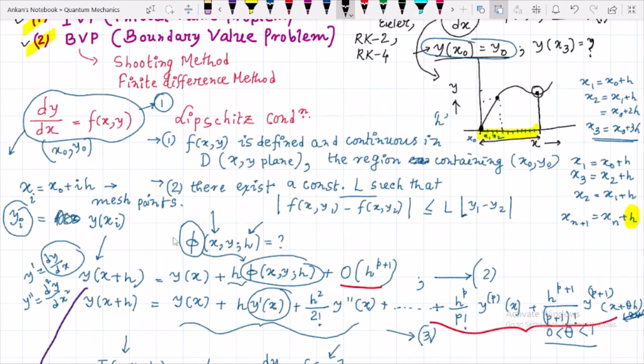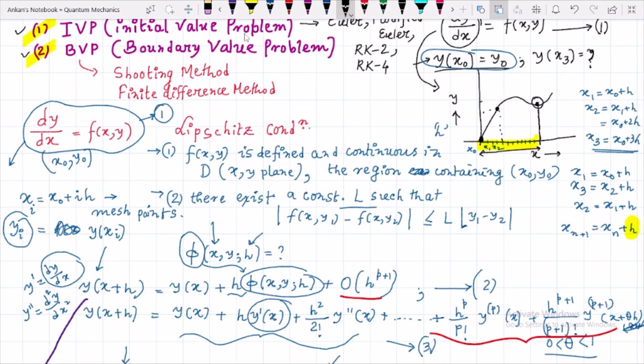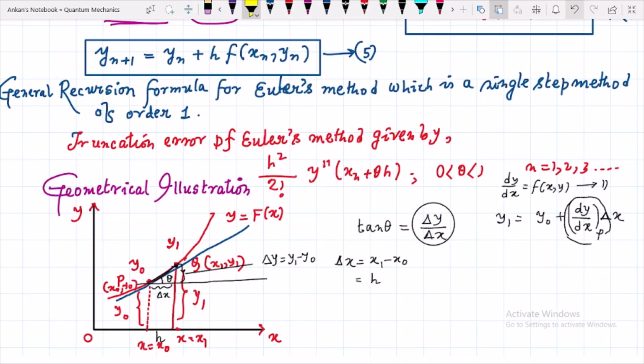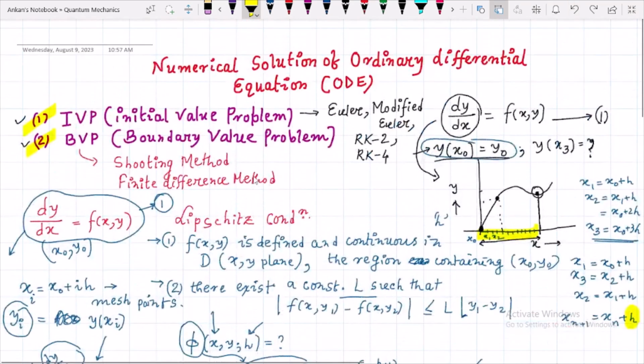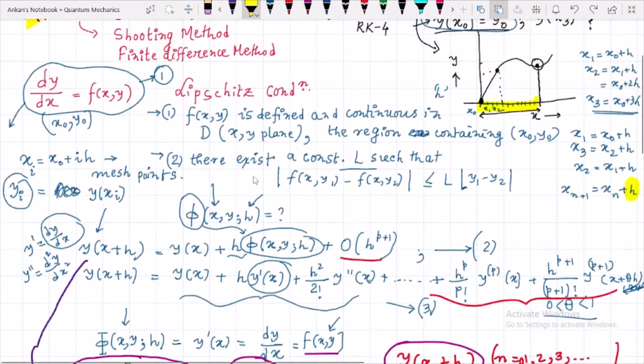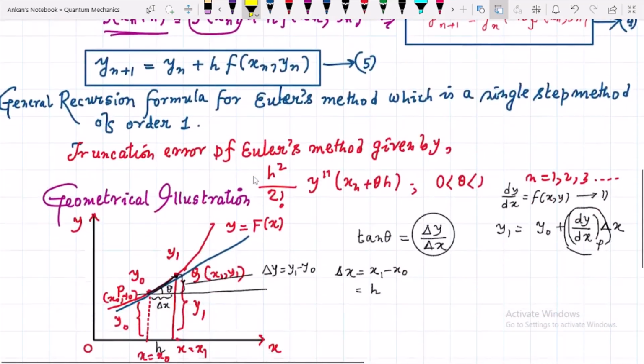This is equation 1, and the curve is the solution of equation 1.